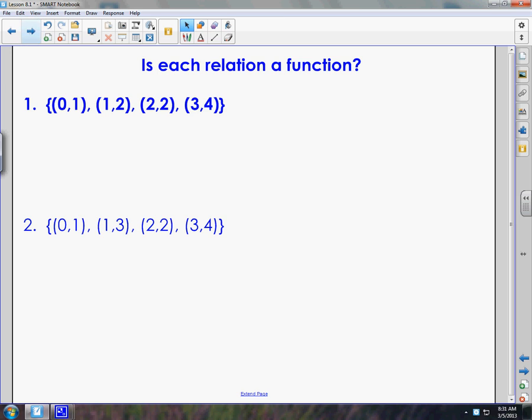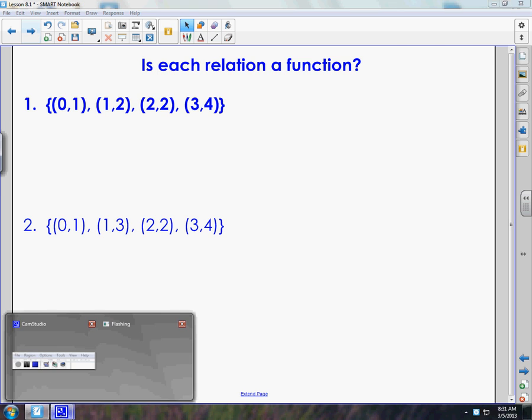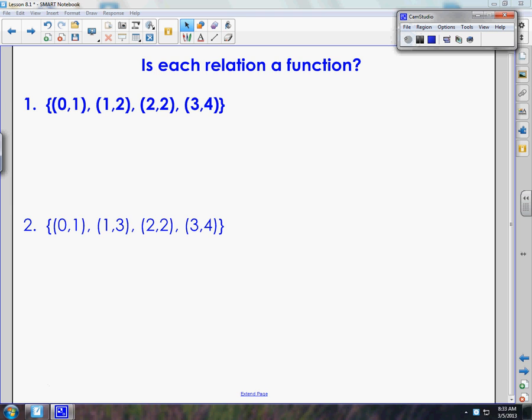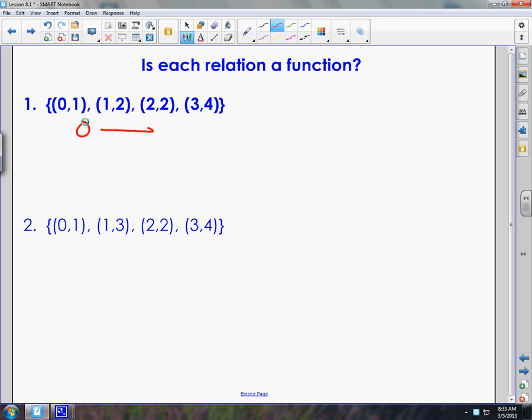All right, so is each relation a function? Now try these on your own and see if they are a function or not. Okay, so if I listed these out, I would have 0 goes to 1, 1 goes to 2, 2 goes to 2, and 3 goes to 4. So do I have different numbers in my domain?